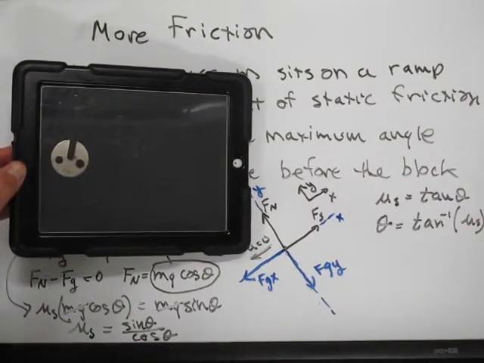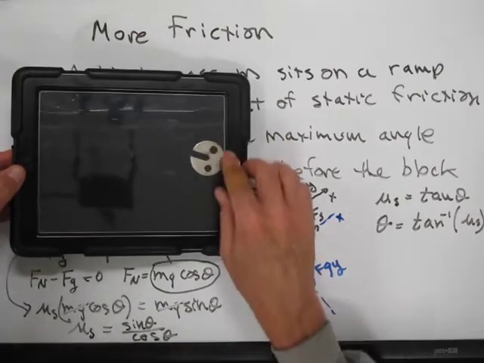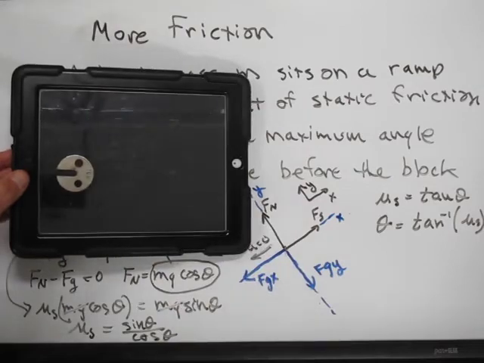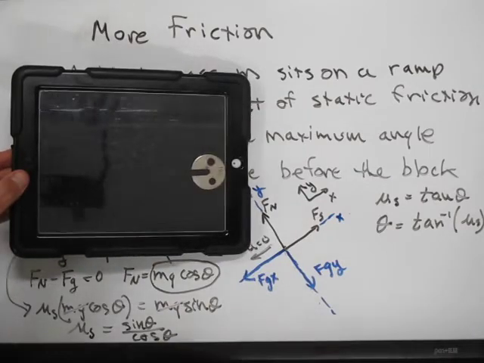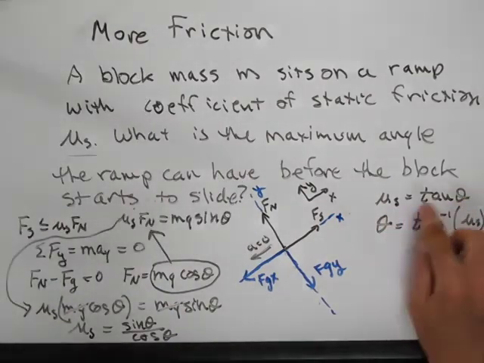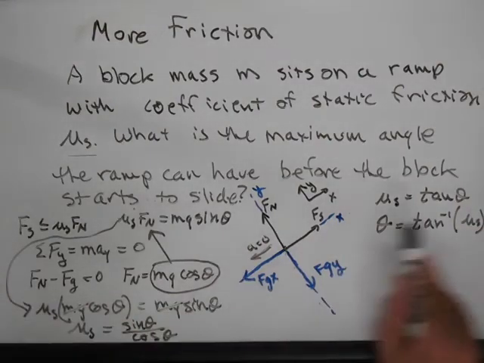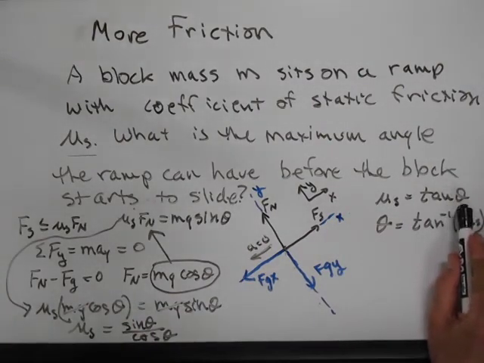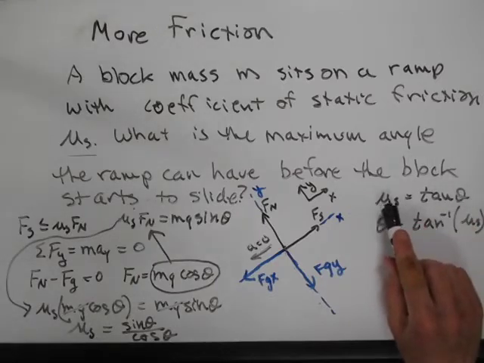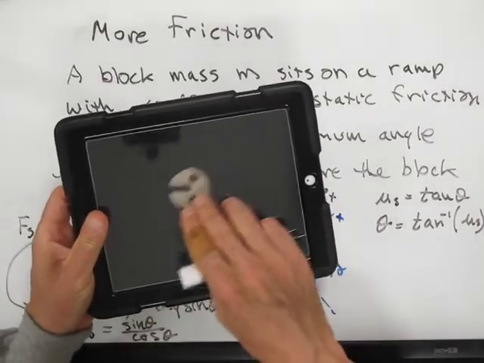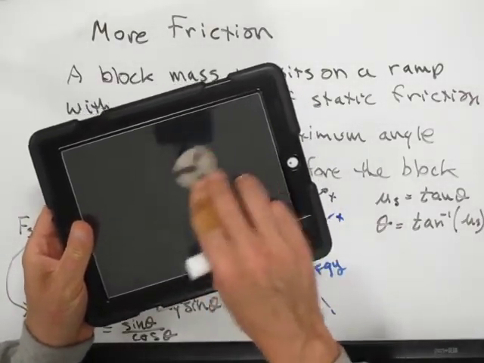I'm tilting the iPad upward, and suddenly at this angle it starts to slide. If I use a little protractor and measure that angle, then if I take the tangent of it, I can calculate the mu sub s between these two materials, the cover to my iPad and the weight.